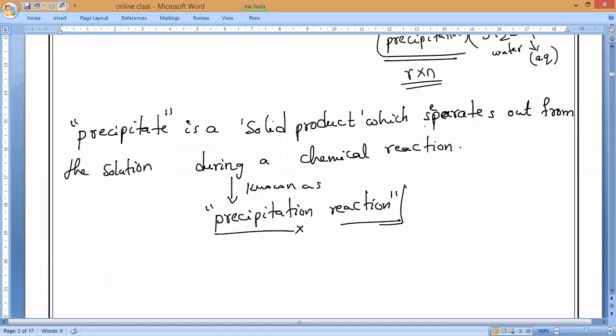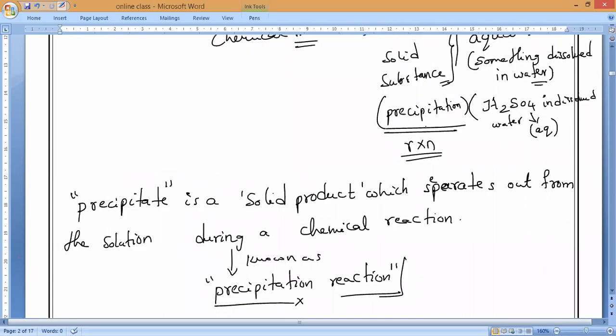As I told you, a precipitation reaction occurs only by mixing two aqueous solutions. That is the reason I told you about the aqueous state. So the precipitate forms by mixing aqueous solutions.